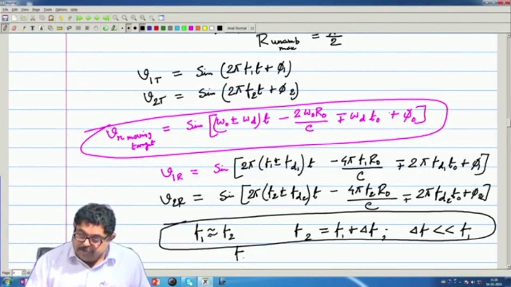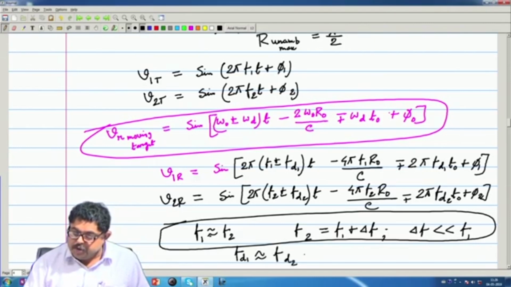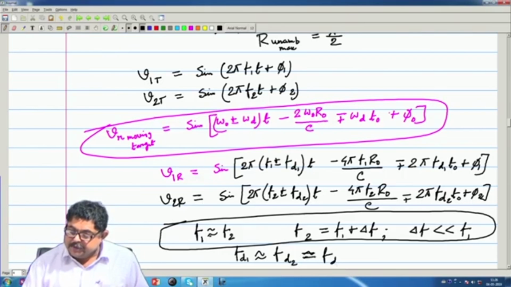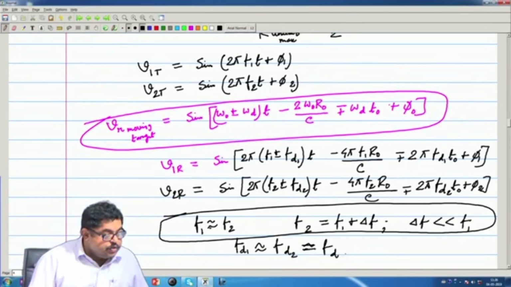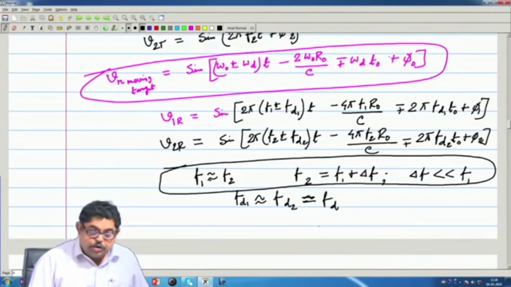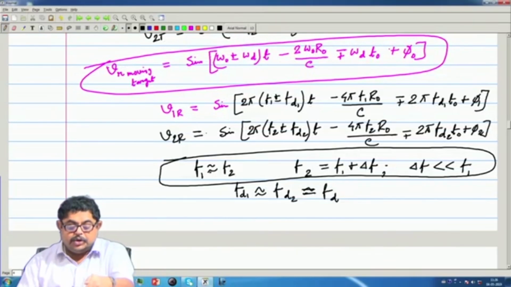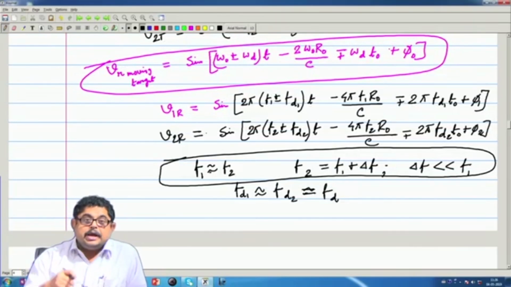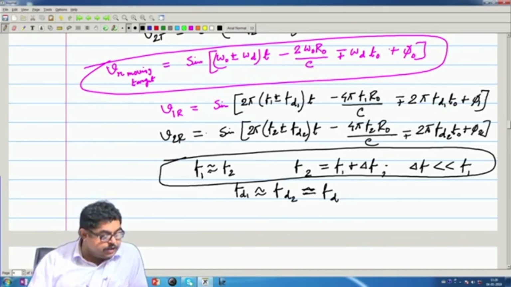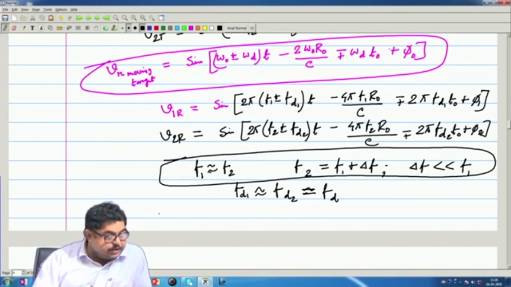This will make Fd1 almost equal to Fd2, and let us call that value Fd. Now, the receiver will heterodyne this received signal with the corresponding transmitted signal separately, to extract the Doppler or beat frequency signal.